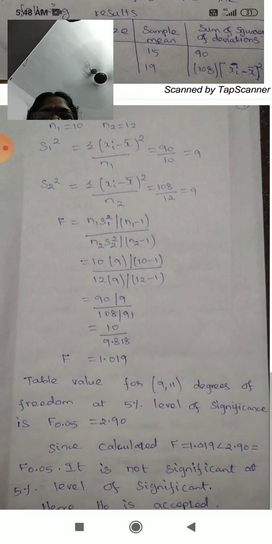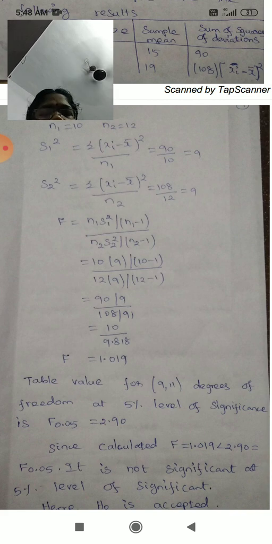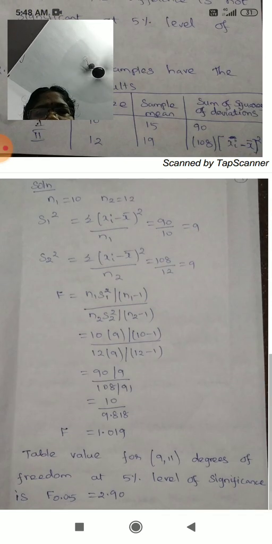Then, as we already know, the F test formula is n1 into s1 squared by n1 minus 1, divided by n2 into s2 squared by n2 minus 1. Here n1 is 10, s1 squared is 9, n2 is 12, and s2 squared is 9.